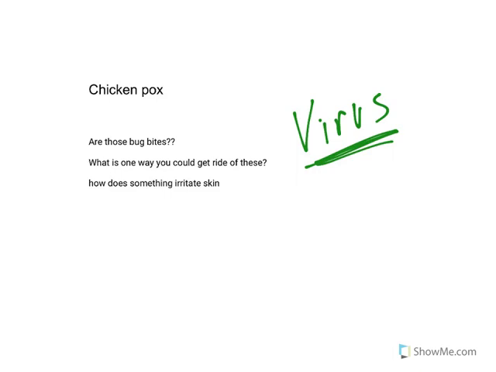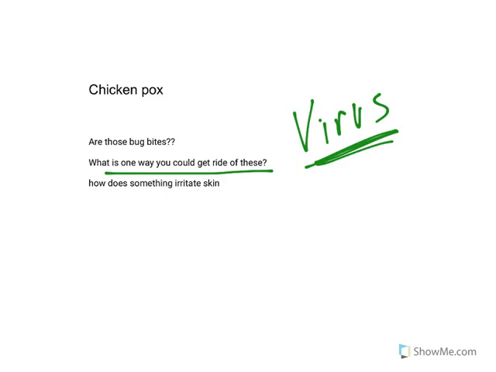And so then as it starts killing the cells, your body is trying to get rid of all these dead cells and all this stuff, and that's what causes the pox. And so one way you can get rid of these, they do not have a treatment. There's some treatments that you can do for chicken pox, but they don't have something that goes in and kills the virus.